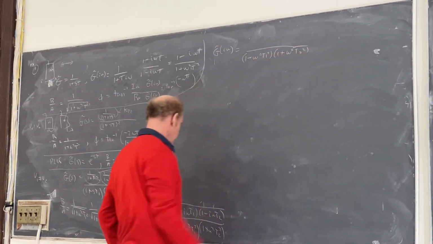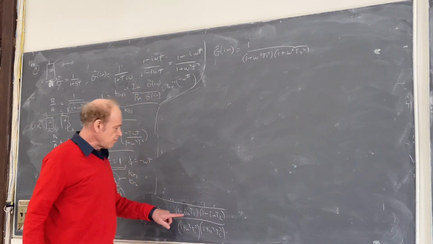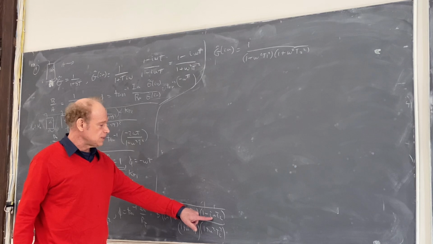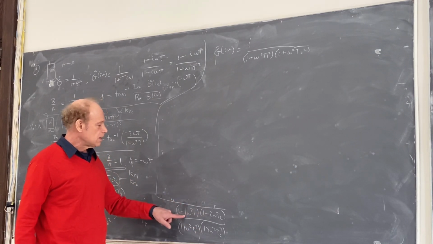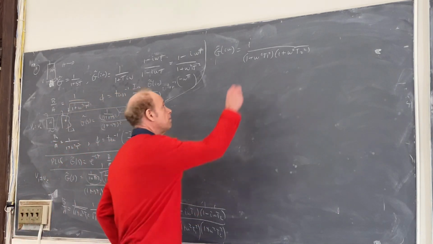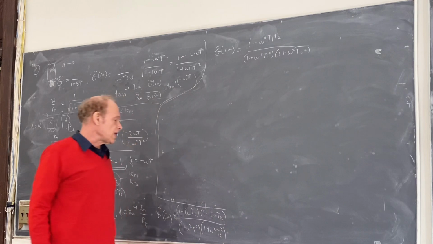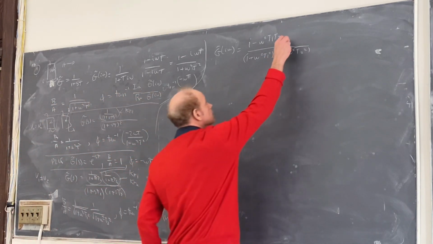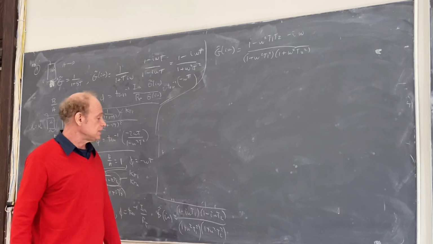And the numerator would be 1 times 1 is 1. And then I have minus iωτ1 times minus iωτ2. Minus and minus is a plus. i squared is a minus, so minus ω squared τ1τ2. And then I have minus i times ω times (τ1 plus τ2).